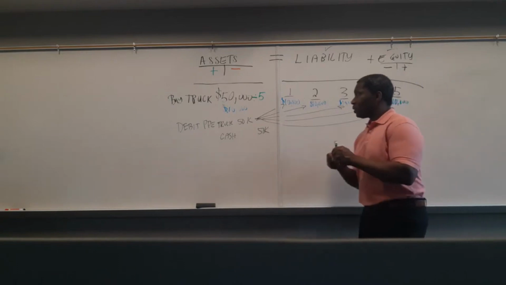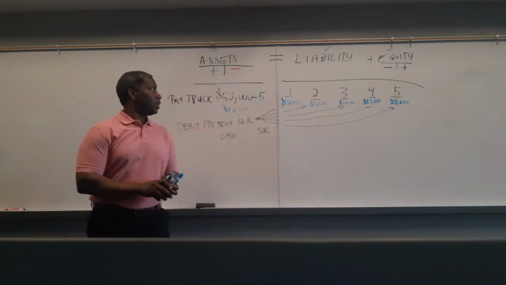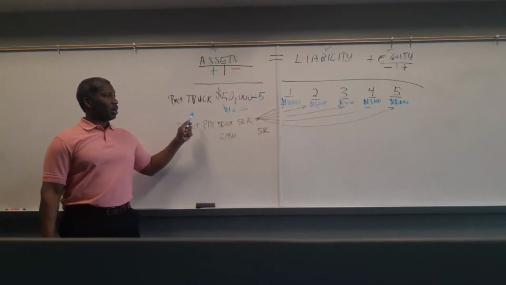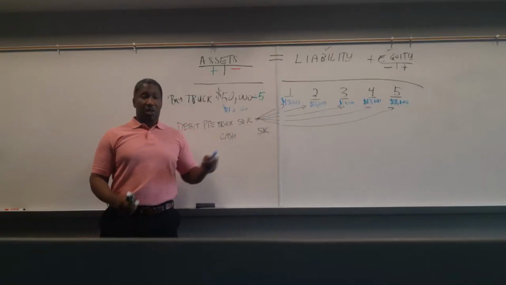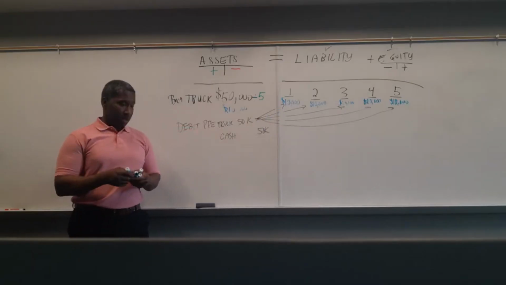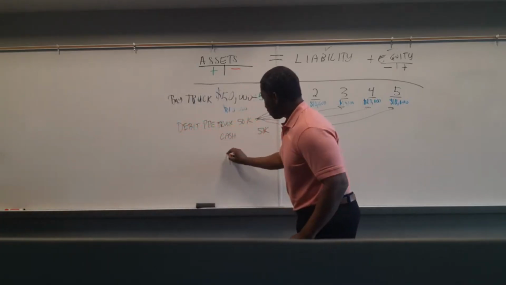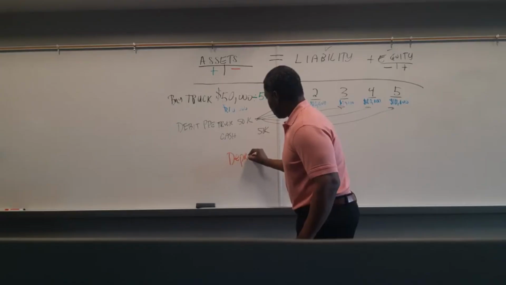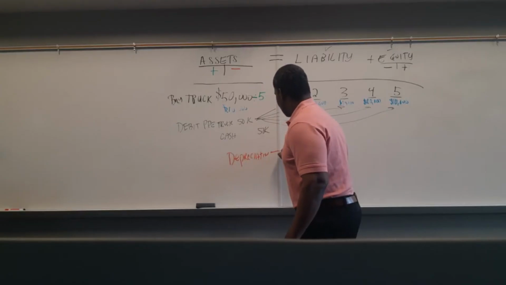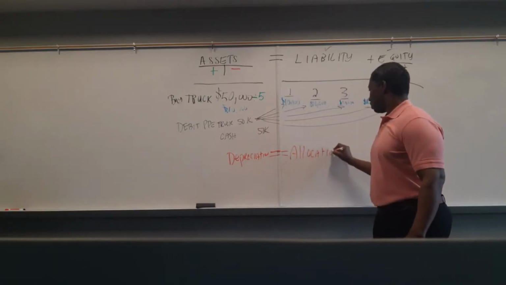So what I'm doing with this truck, I am depreciating this truck. How am I depreciating this truck? I'm depreciating this truck over 5 years. To say it differently, I'm allocating the cost of this truck over 5 years. So depreciation equals allocation.